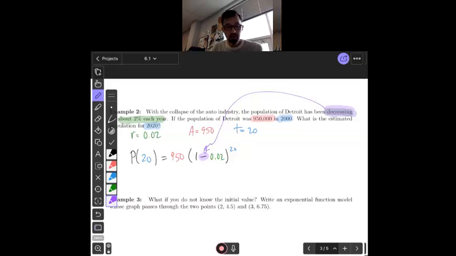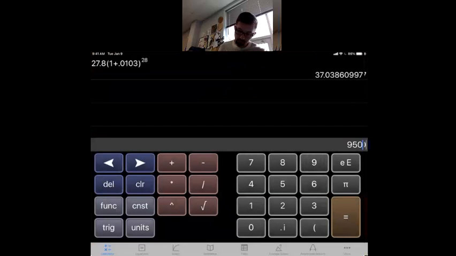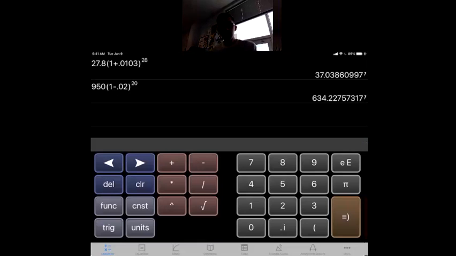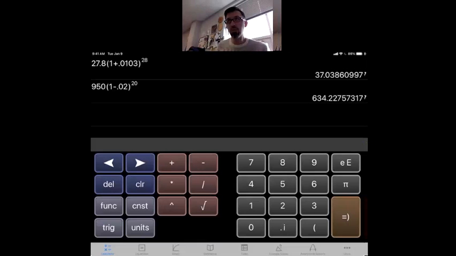Again, you just plug that into the calculator. Not much math, just more about reading. They really didn't give me any clues on rounding, so I'm just going to round to the nearest whole number.